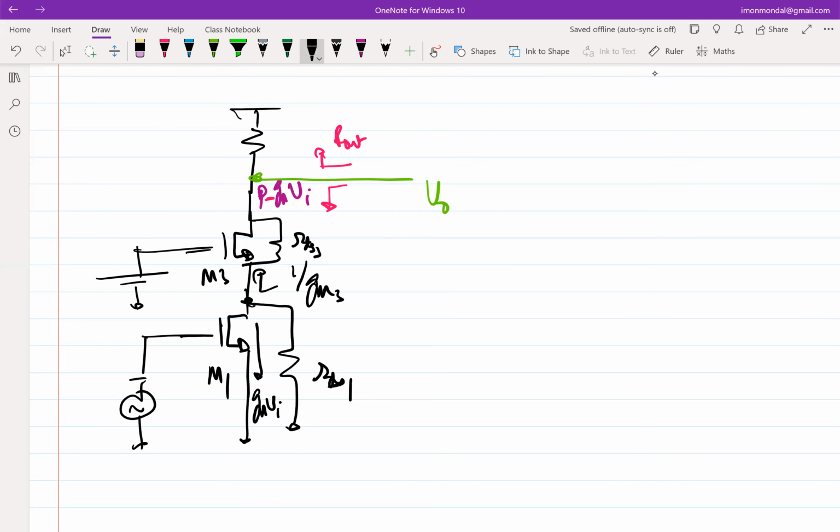No. Why? Right. So it will be basically this RDS1 and RDS3 will come in anyhow. So RDS1 plus RDS3 plus the intrinsic gain of M3 times RDS1. So GM3 RDS3 times RDS1. So which term dominates?